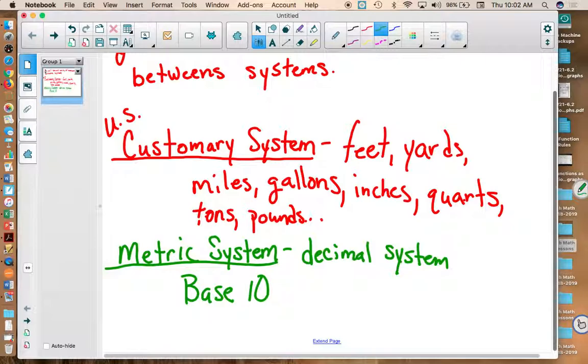It uses the base 10 system, and the whole metric system contains units for length, units for capacity, and for mass. Capacity is what we would call our gallon. It's all done in the base 10 when we're dealing with metric.